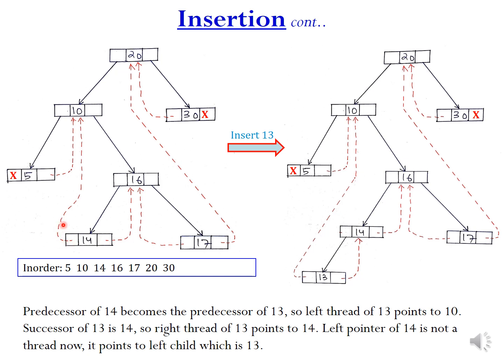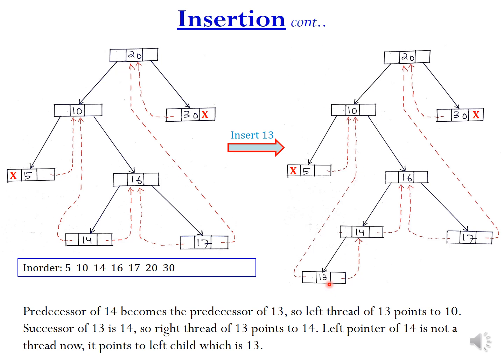So this thread should be freed first. This thread will be removed, and now it will become a link. Earlier, the thread of 14 was pointing to its inorder predecessor, which was 10. It is removed and now becomes a link, and this link is pointing to its child, which is 13 now.